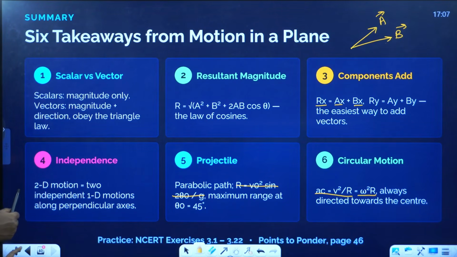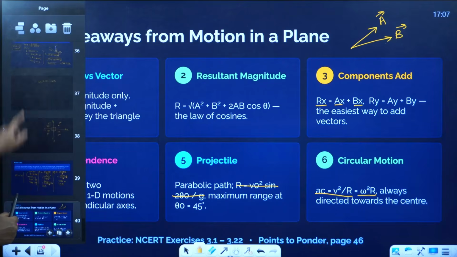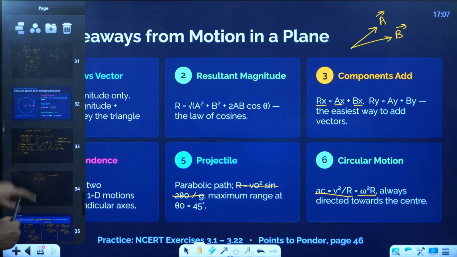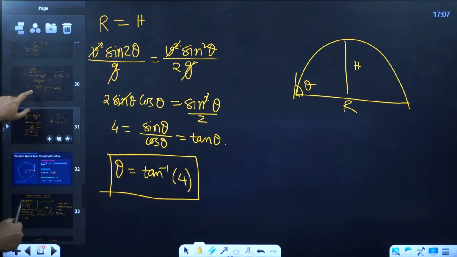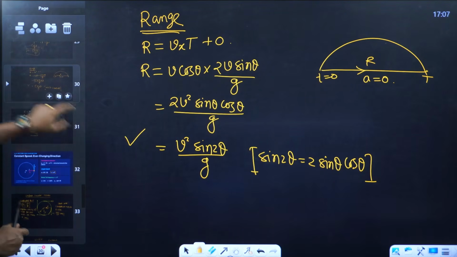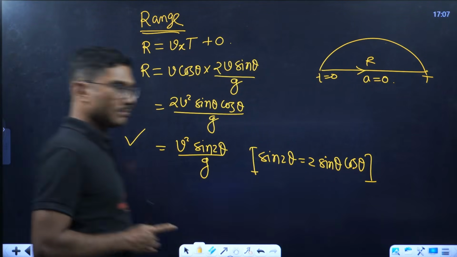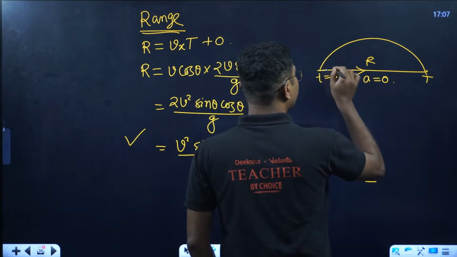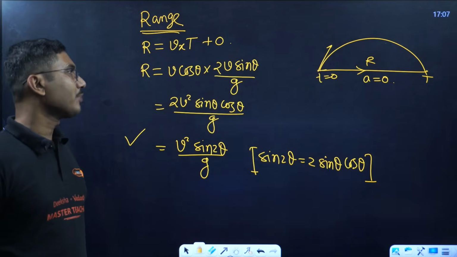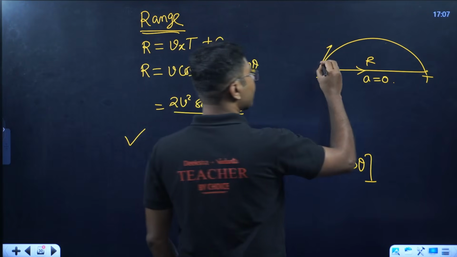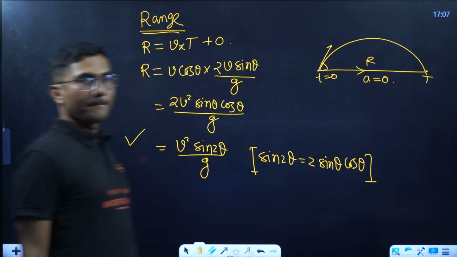Now one important point that I forgot to mention, let me go back to where I was discussing this. Yes, so the range is maximum at what angle of projection? If the value of velocity remains the same, there is a particular angle of projection where the range becomes maximum.